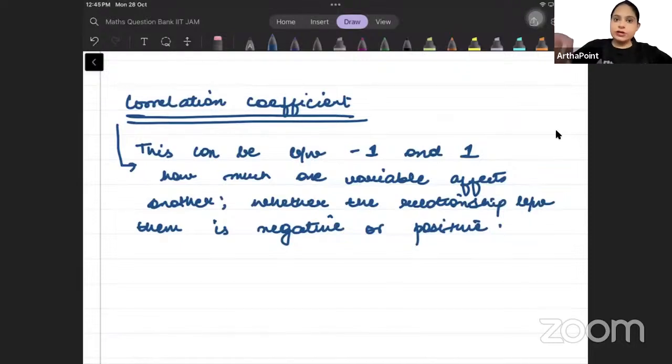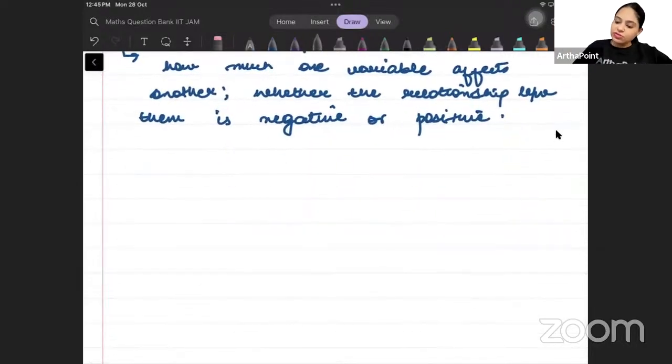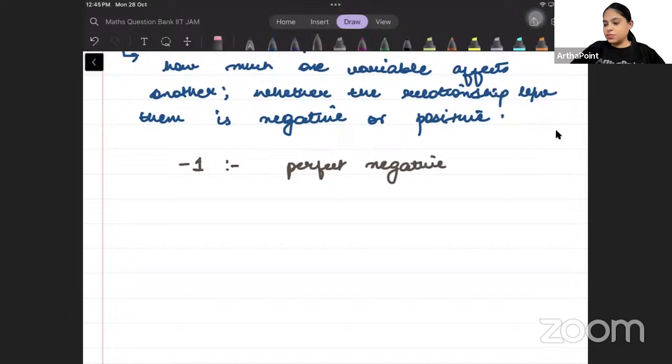And here further, if it is -1, that means it is a perfectly negative correlation. When x increases by 1 unit, y decreases by 1 unit. So this indicates a perfect negative correlation between x and y.